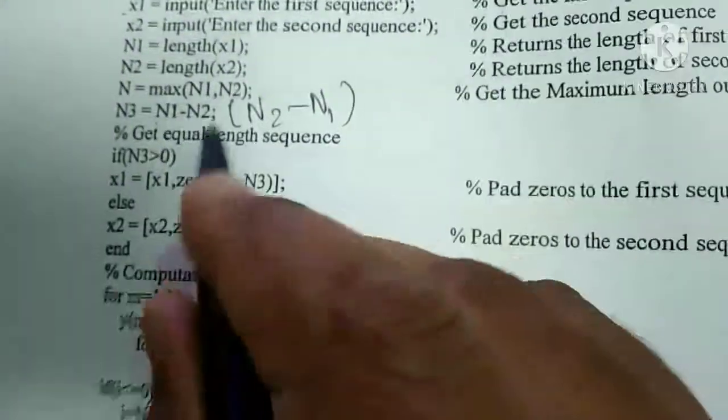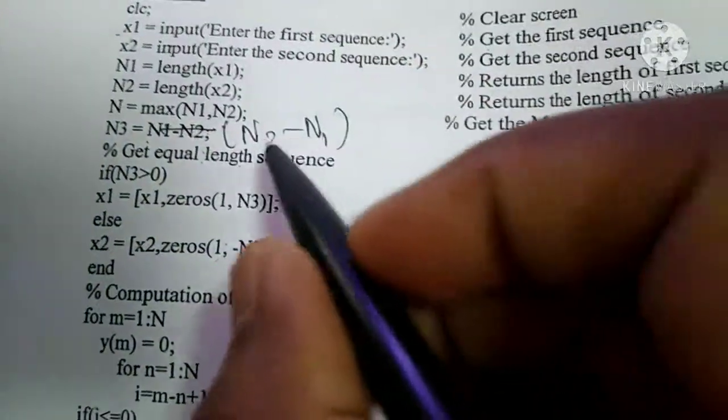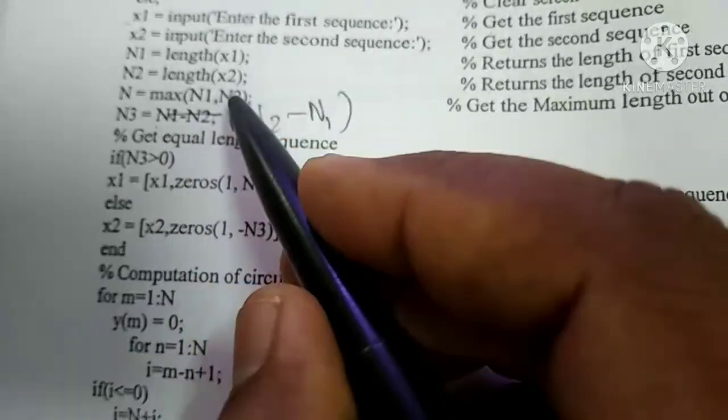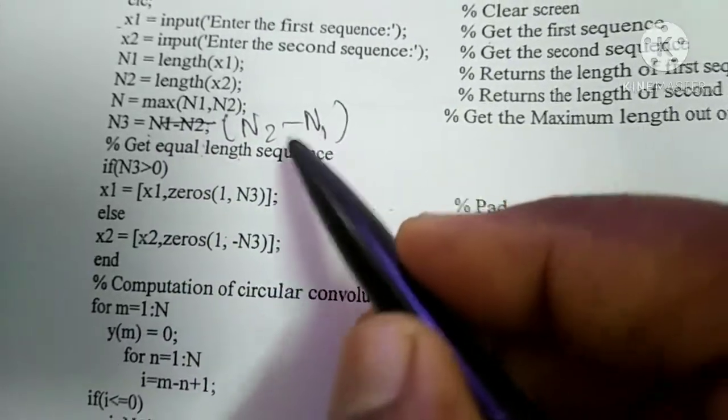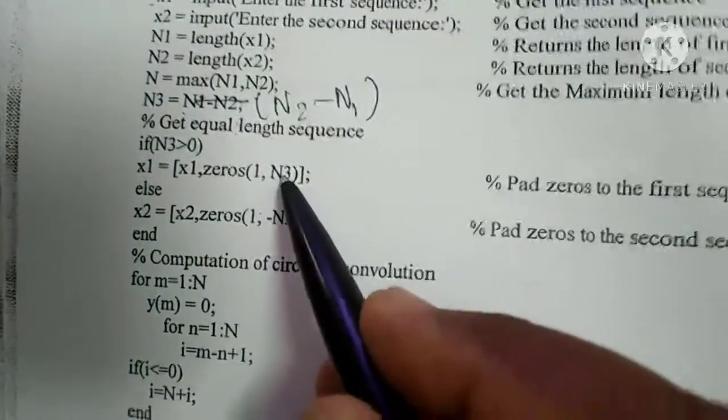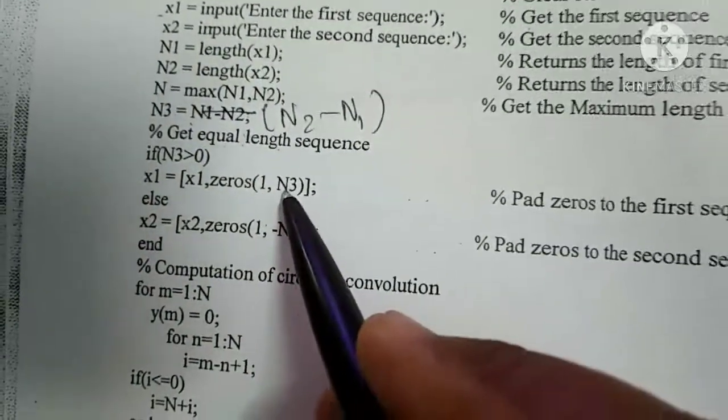We are subtracting the length of the first sequence from the second sequence. Actually here they have made a mistake. It should be n2 minus n1. So here they are checking the value of the second sequence minus the first sequence. So if the second sequence is greater than the first sequence, then I am adding zeros to the first sequence.